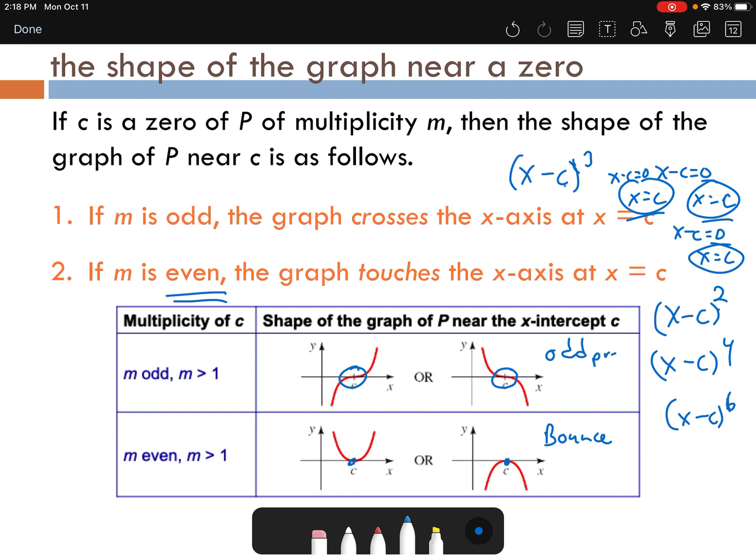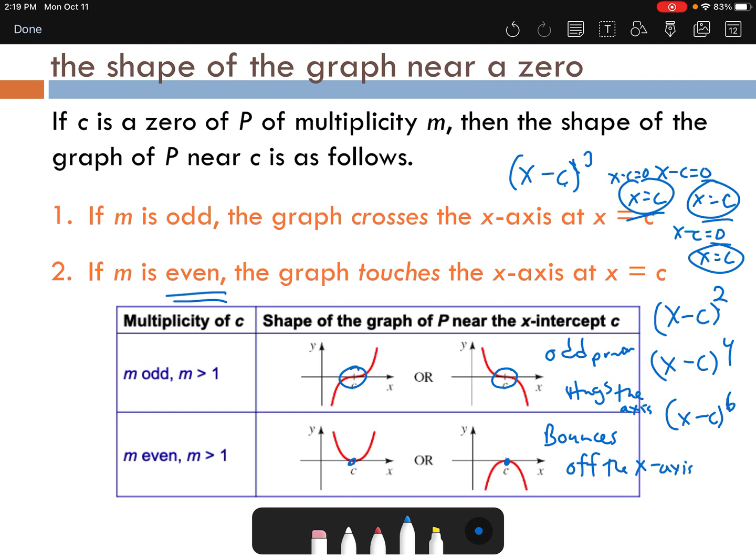So odd power, it hugs the axis. And if it's an even power, it bounces off the x-axis. I shouldn't say hugs the 0, it hugs the axis, I think is a better way of saying it.